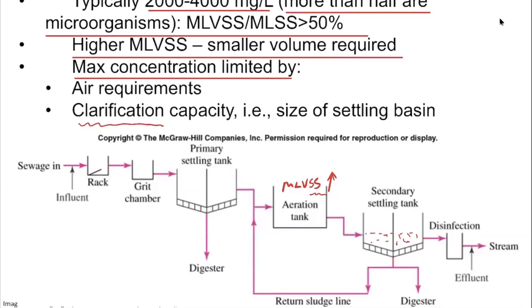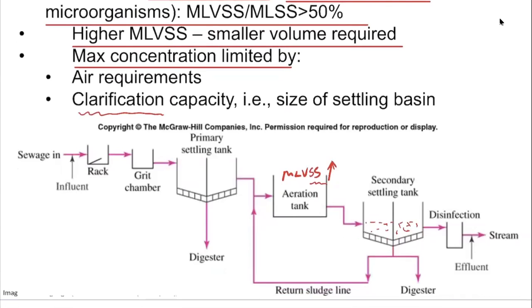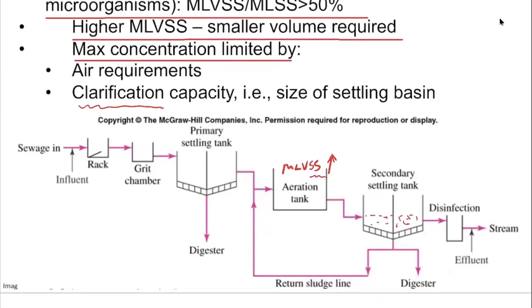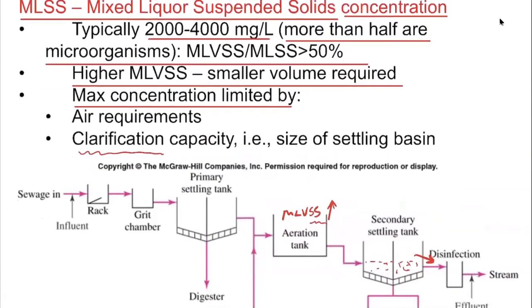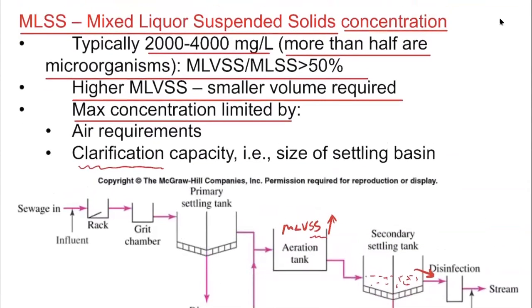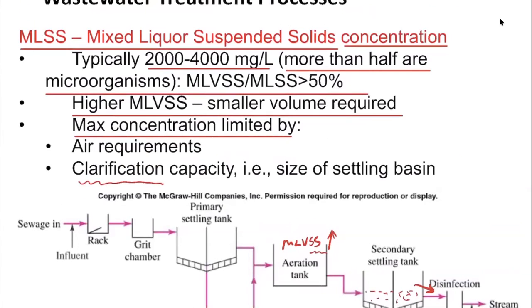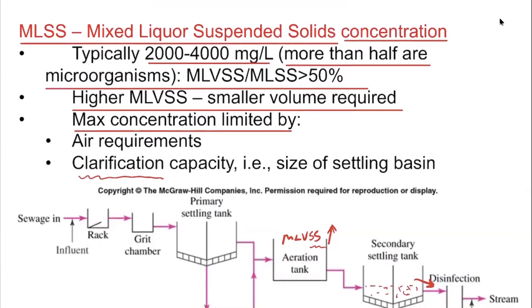Potentially that's going to be an issue, because if you have too many solids, maybe the clarifier would not be able to deal with that, or the suspended solids can get leaked out into the effluent, right? Which is another problem for wastewater treatment. So that's why typically the MLSS is in this range, and the MLVSS you can think of as around half of the MLSS.